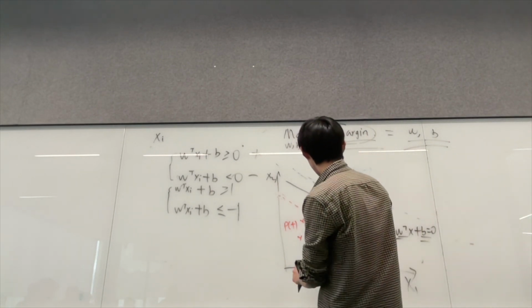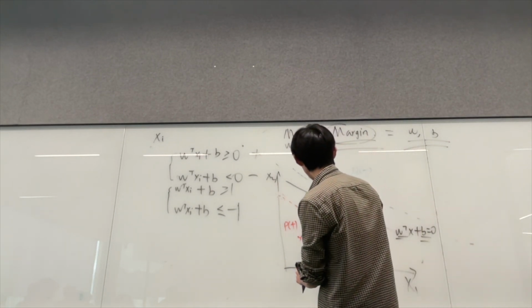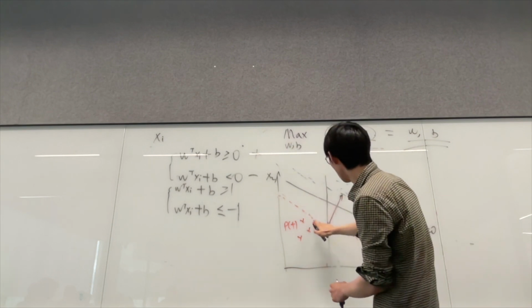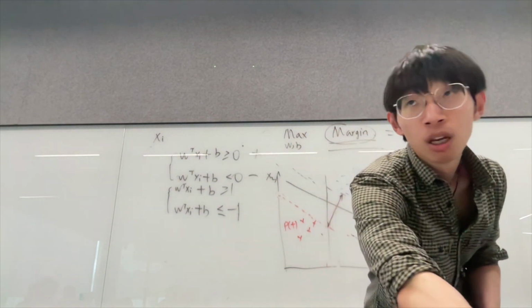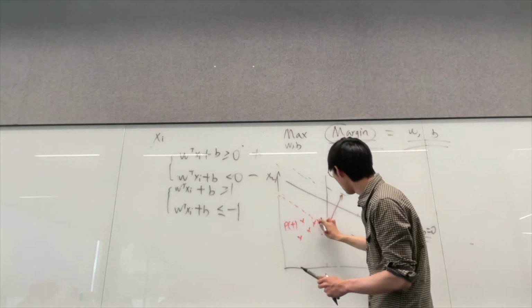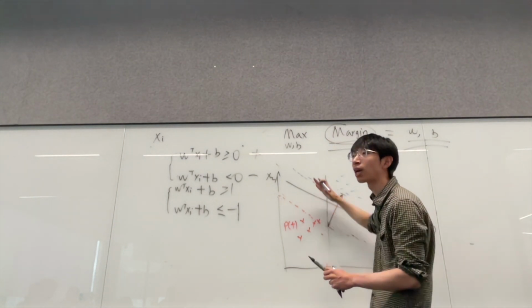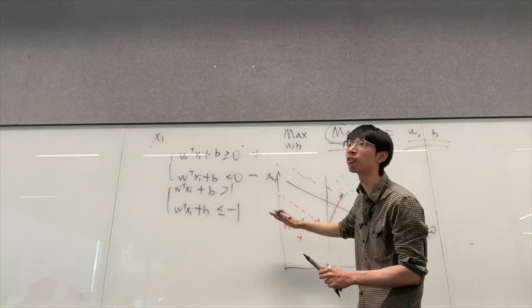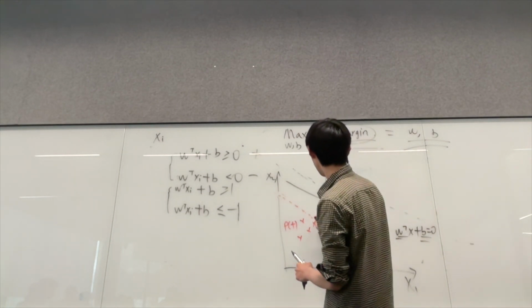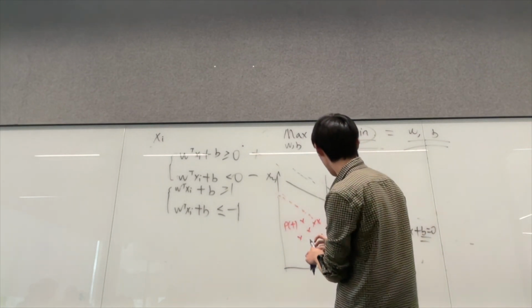Let's look at the margin formula. When this line stops here, it's because we have a positive point on this line. We can just move down further, right? So now we can look at this one.